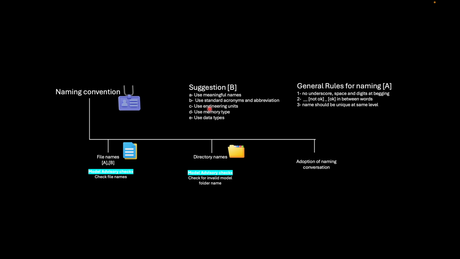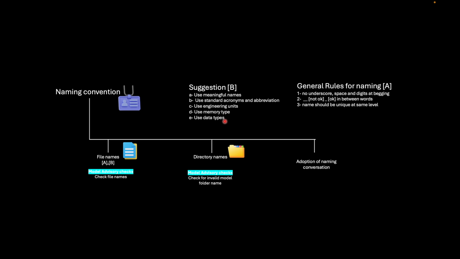And you can use engineering units also, like kg and Newton meter, so that it will be more readable for any physical quantity inside the file name. And use memory types, like if you are using RAM or any ROM memory, and it is relevant to that operation, then you can use such naming conventions inside your file names.